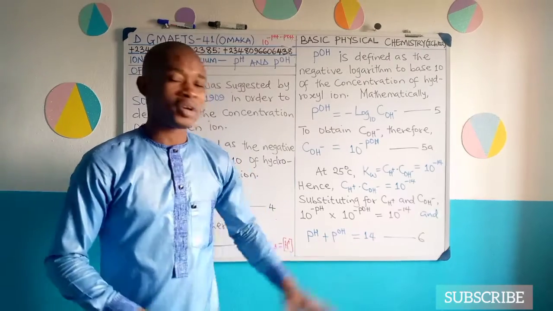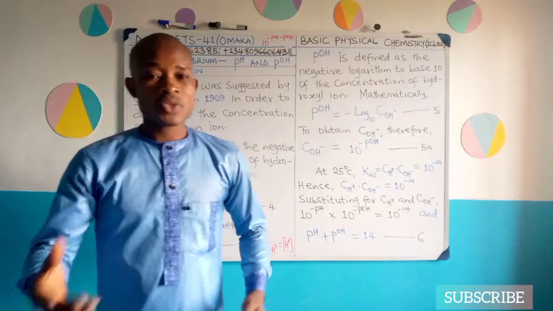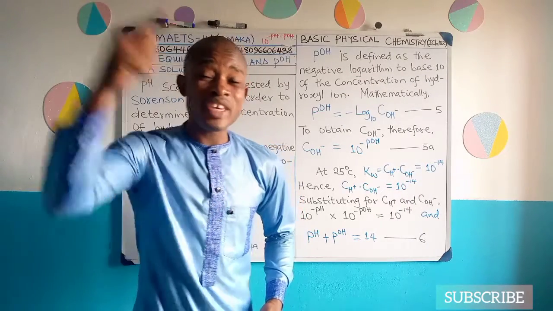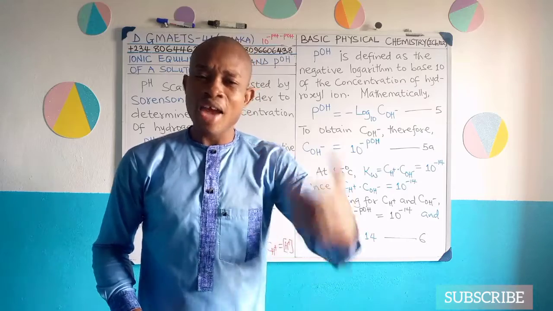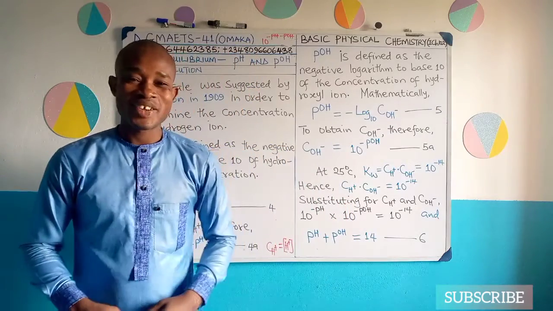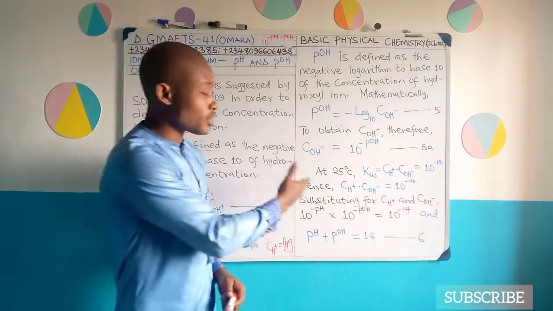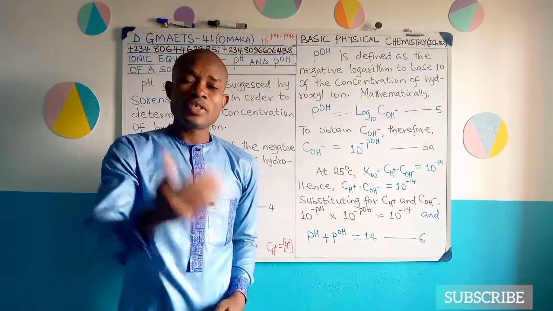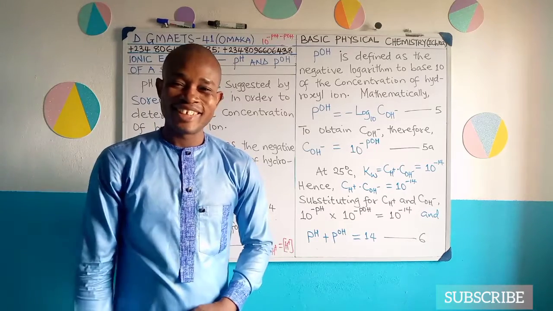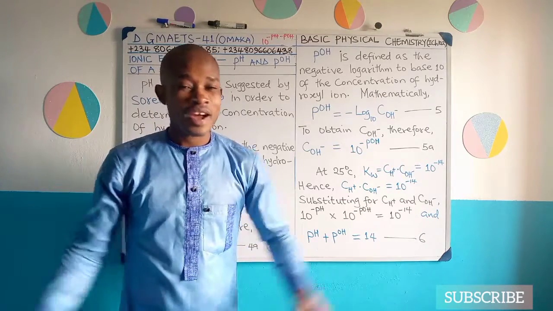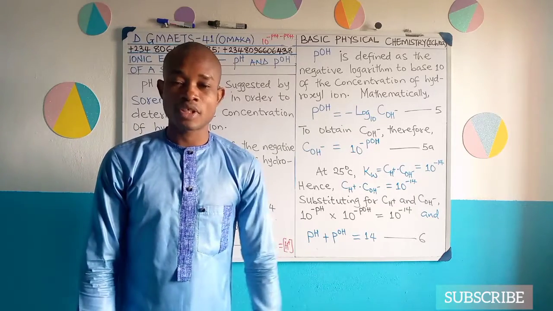A very important equation as well. We are now set to define pKa and pKw. Remember, Ka is the ionization constant of an acid. We established that already. And Kw is the ionic product of water. So we're going to define their pK values, and that we'll see in the next video, after which we solve questions based on all we've established so far.